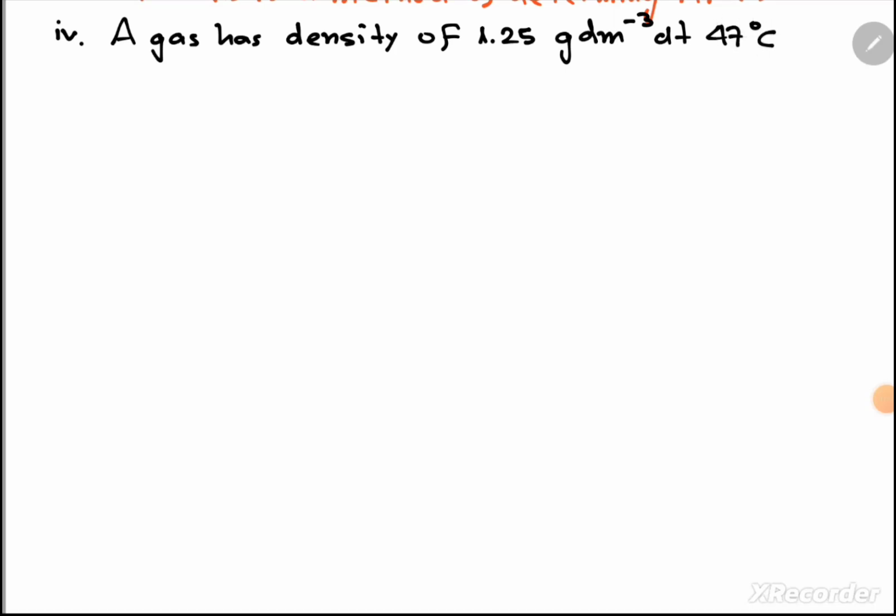A gas has density of 1.75 grams dm^-3 at 47 Celsius degrees and pressure 90 kilopascal.